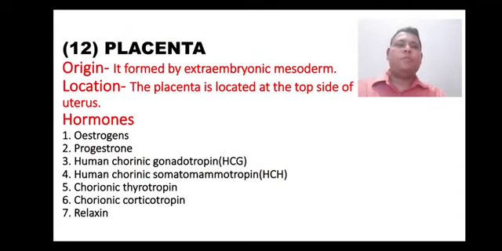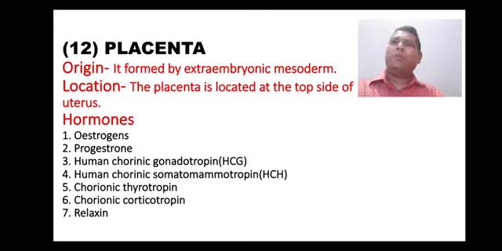Another endocrine gland is known as the placenta. Actually, the placenta is the intimate connection between the fetus and the uterine wall of the mother to maintain the pregnancy. The placenta is a temporary endocrine gland during pregnancy.